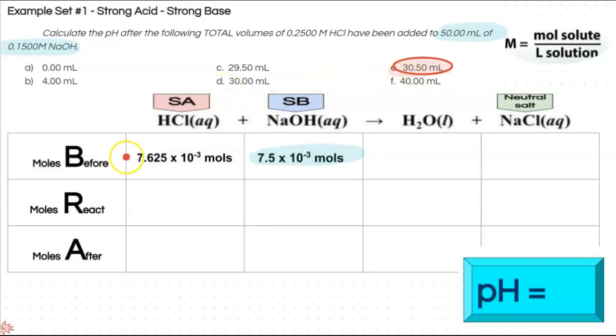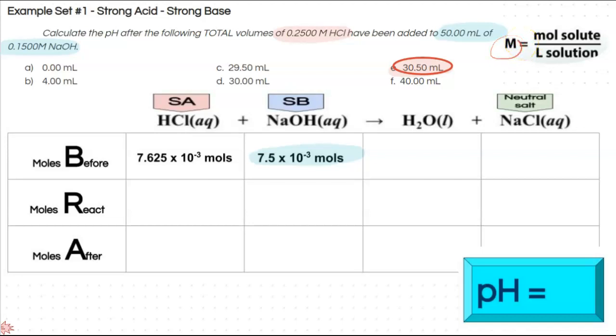So this time, when I calculate the moles of acid, I take my molarity of my acid, 0.25, and I am going to calculate the moles of acid by using my molarity equation.